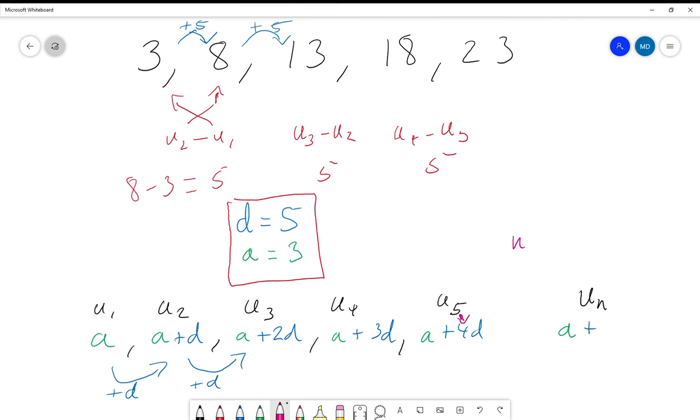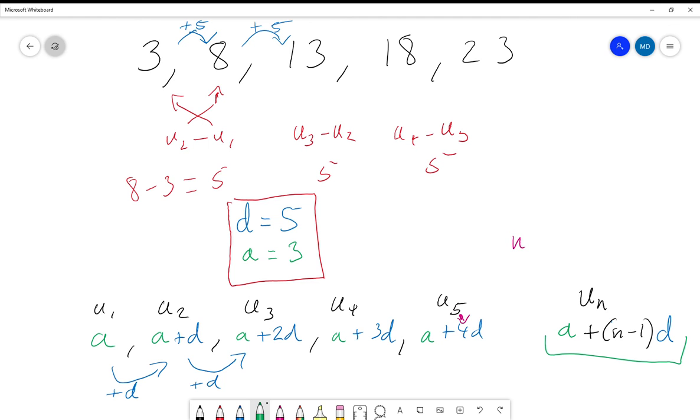Therefore, it's a plus n minus 1 d. And that's our general term here for an arithmetic sequence.